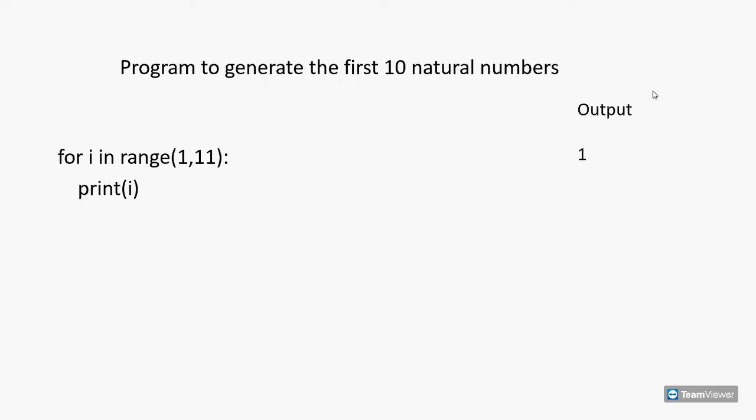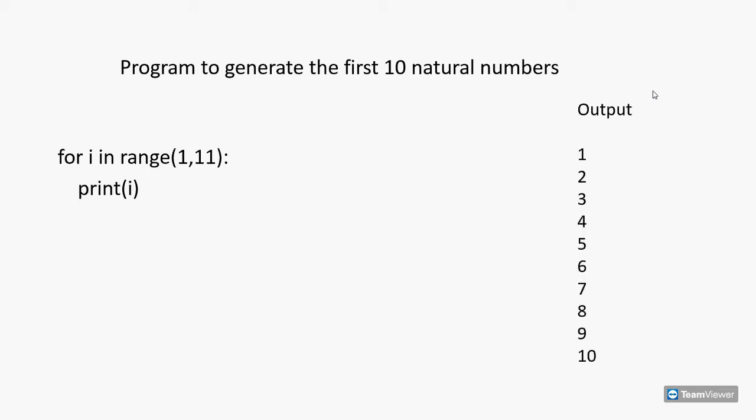Next time when the loop runs, the range function would supply a value of 2 to i, and then the print(i) statement will get executed and the output would be printed as 2. So the numbers 3, 4, 5, 6, 7, 8, 9 and 10 would be supplied to i and therefore would get printed in the same order using this loop.